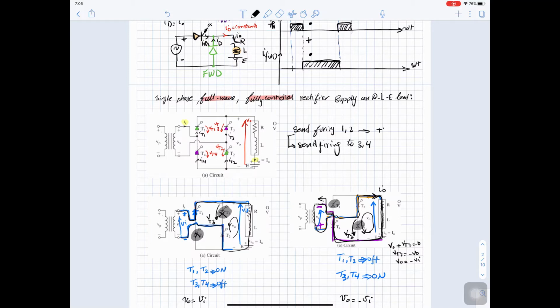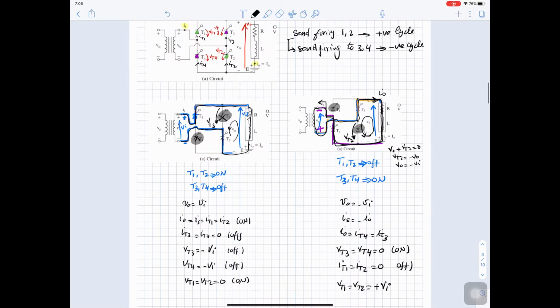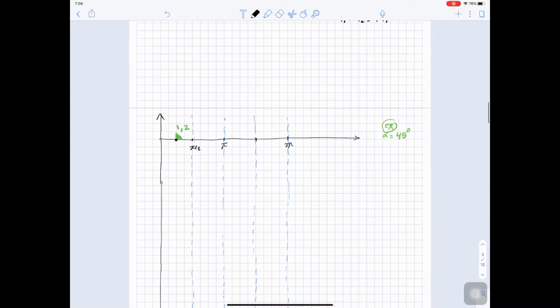Or you will send 2 firings shifted by 180 degrees. So here I will wait 45 degrees and send another firing, 3 and 4, and then we send 1 and 2 again. So we send the firing to 1 and 2, and then after 180 degrees we send the firing to 3 and 4, and so on.